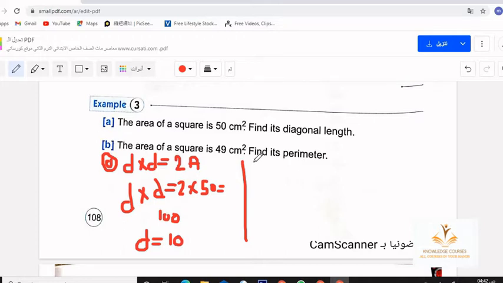B: area of a square equal 49. Find its perimeter. So area of a square equal S multiply S equal 49.